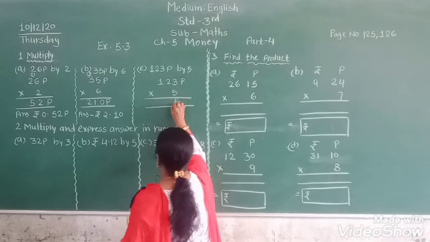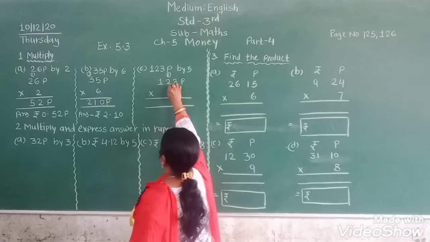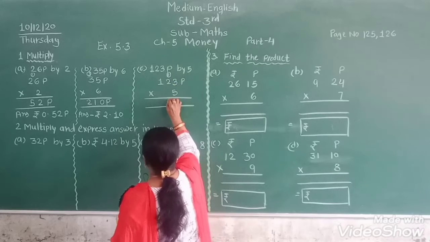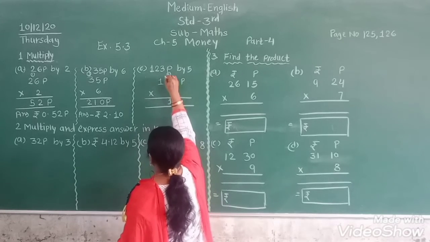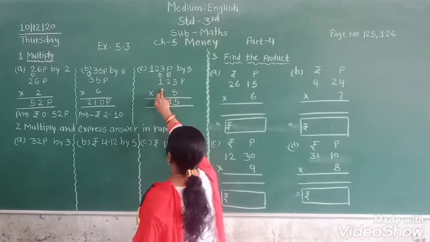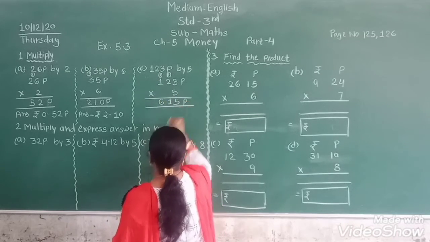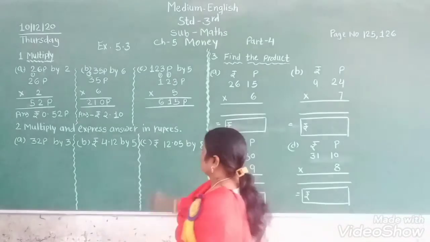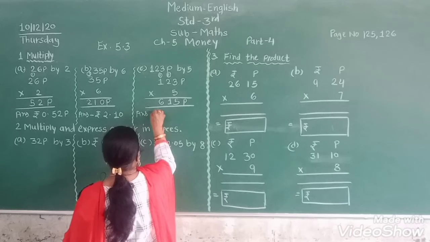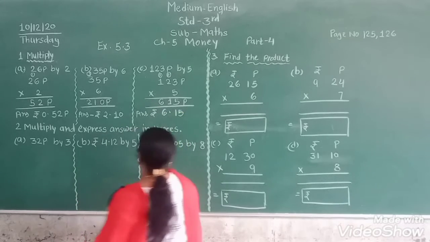So we write here 5. 1 carry over. 5 2s are 10. 10 and 1, 11. 1 downside. 1 carry over. 5 1s are 5. 5 and 1, 6. 615 paise. We write the answer in rupees. Okay. 6 rupees 15 paise.